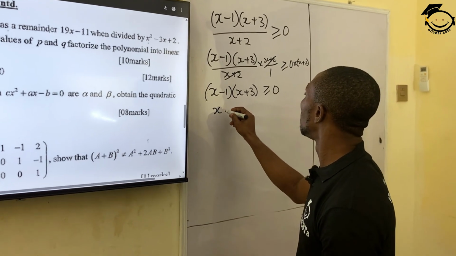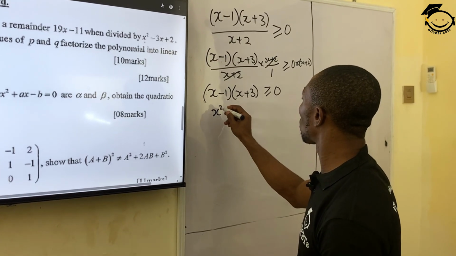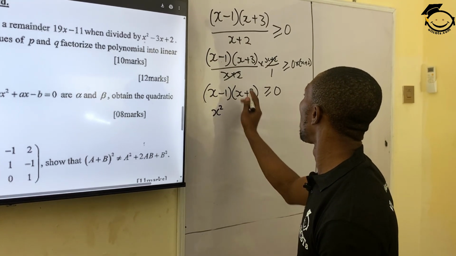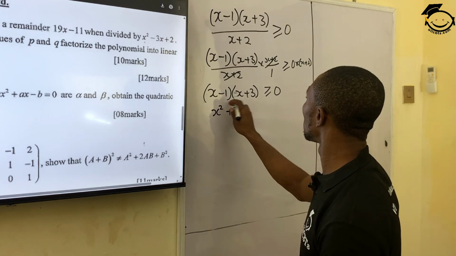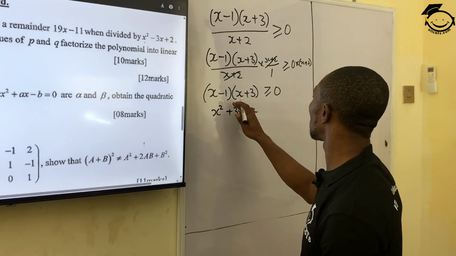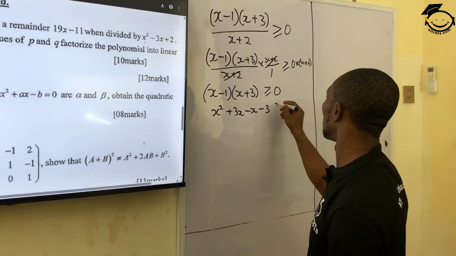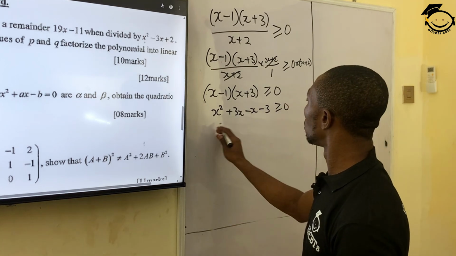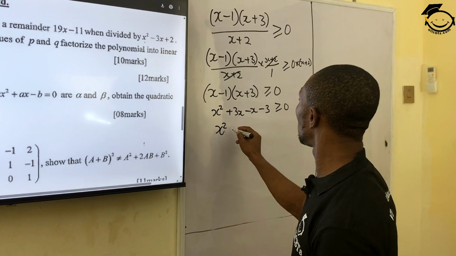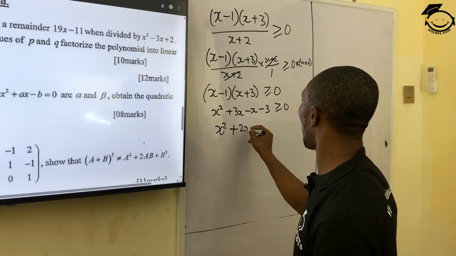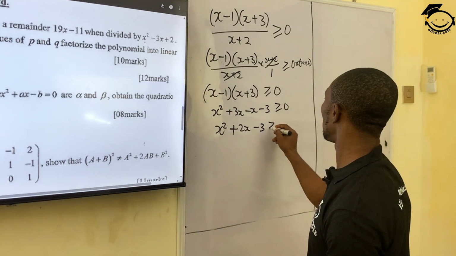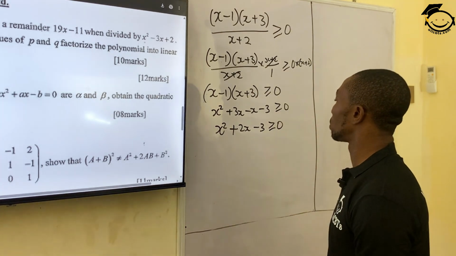Now expanding this, we are having x squared plus 3x minus x minus 3. So this becomes x squared plus 2x minus 3 equals 0.